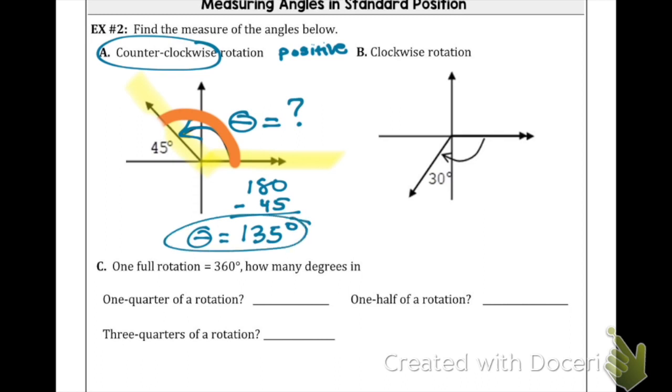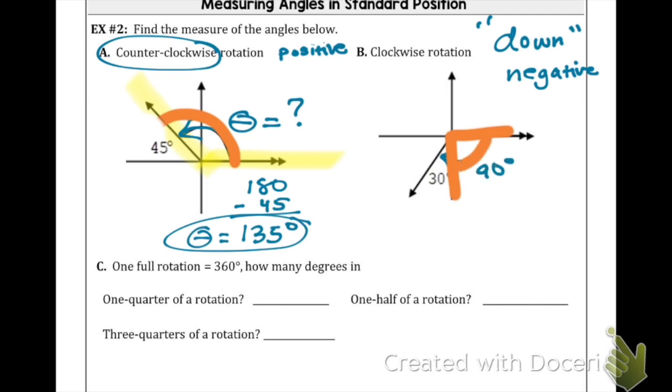For part B, because we're going in the clockwise rotation, so we're going down, think about it that way. It's going to make it become a negative angle. So we know that from here to here is 90 degrees, and then we're just tacking on another 30 degrees, or sorry, not 90, my bad.